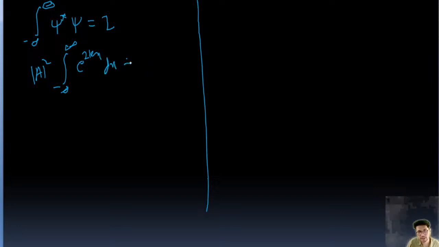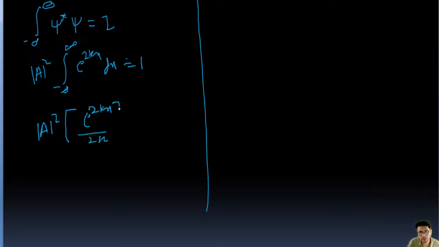So again we'll write it: mod a square times e to the power 2kx upon 2k, from minus infinity to 0, equal to 1. That implies the value of a is going to be root 2k.